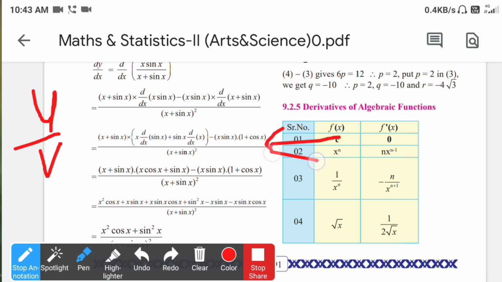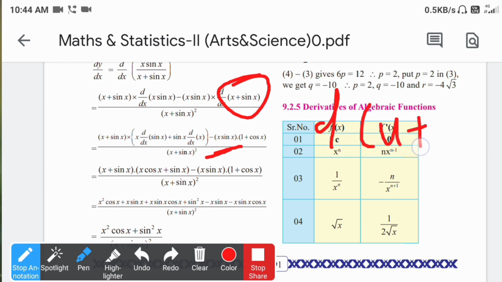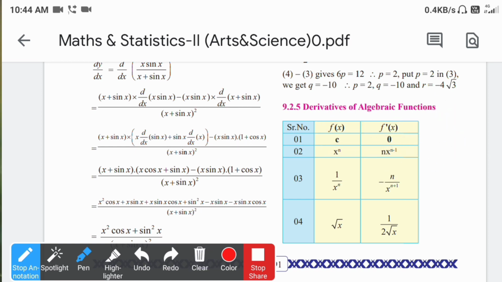In the second step, for this step we are using the UV rule of multiplication, and here we have used the derivative rule of u plus v. So all of these three rules have been used in this example.